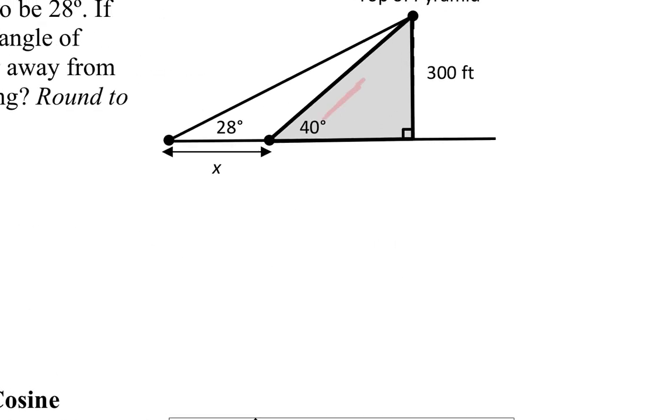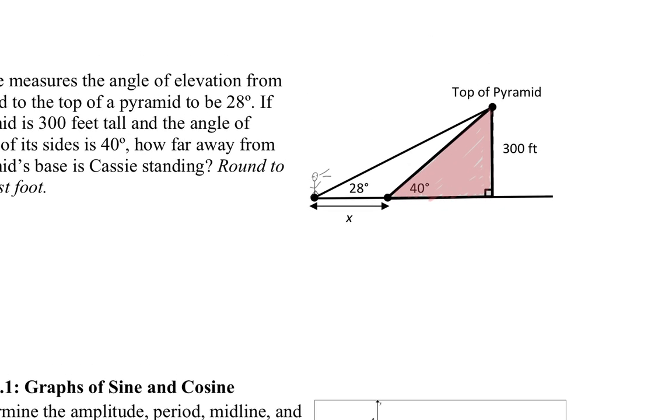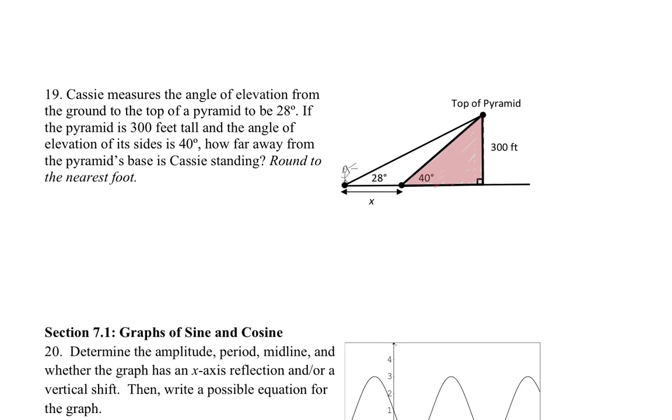this is our pyramid, right? Which is shaded in gray, but just to solidify the image. Cassie is standing right here looking at the pyramid. From the ground to the top of the pyramid, she notices there's a 28-degree angle of elevation.